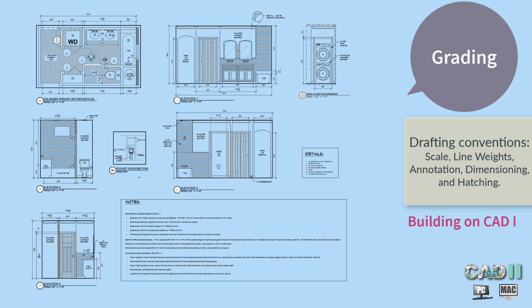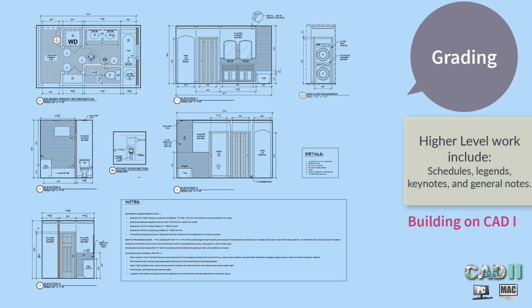For each of these assignments, you will be graded on proficiency of drafting using AutoCAD, application of standard drafting conventions such as scale, line weights, annotation, dimensioning, and hatching, for example. Higher-level understanding results from the coordination of drawings with supporting documents such as schedules, legends, keynotes, and general notes.